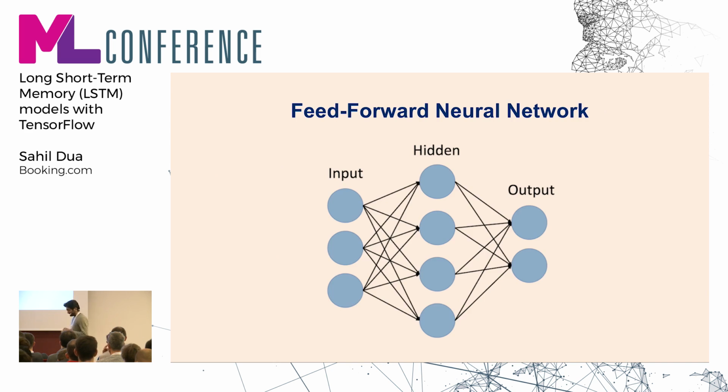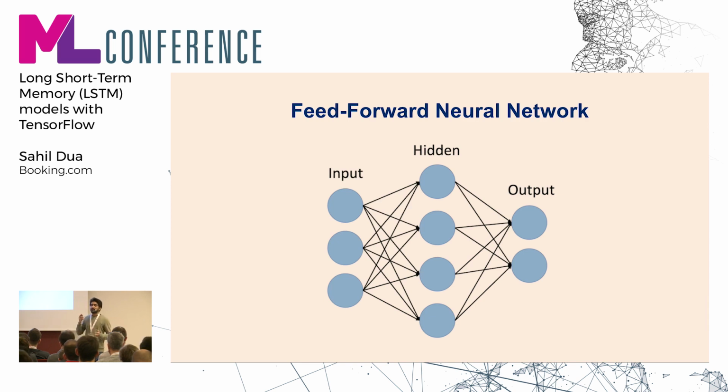So you may think, why don't we use feed-forward neural networks for such a problem? For example, we have neural networks which have some input units, then some hidden units, and some output units based on what kind of output you want. Let's take an example which is not related to natural language processing at all.